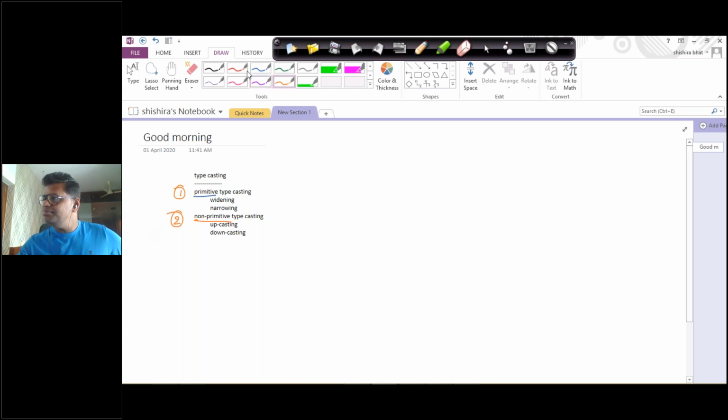Easy. So in primitive typecasting, we again have two concepts: one is called widening, the other narrowing. Similarly, in non-primitive, again we have two things: one is called upcasting, another one is called downcasting. These two, widening and narrowing, are not greatly important concepts, but upcasting and downcasting are extremely important concepts.